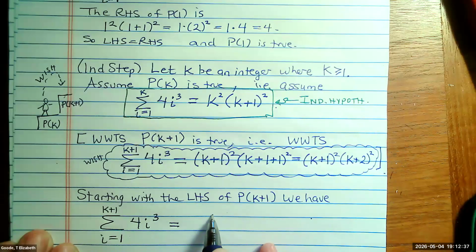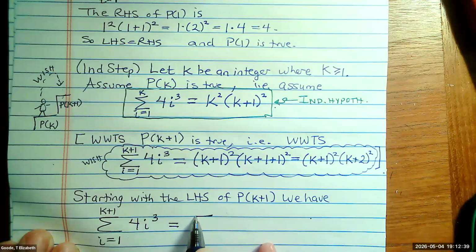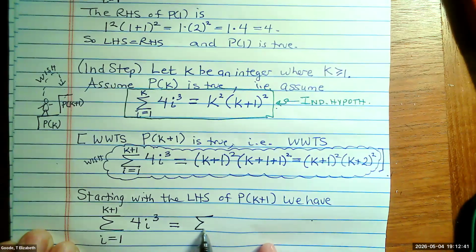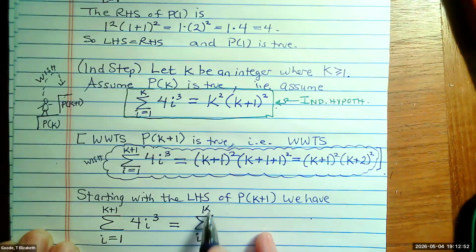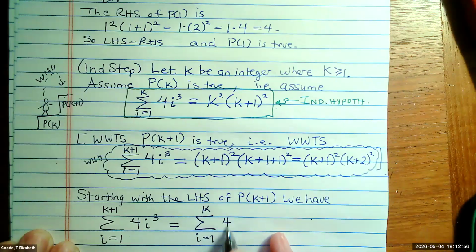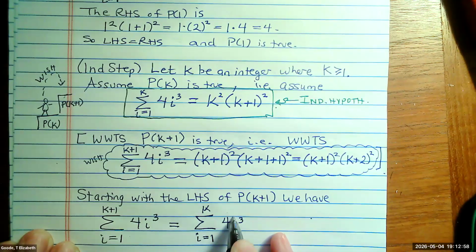So this really is the sum from I equals 1 to K of 4 I cubed.